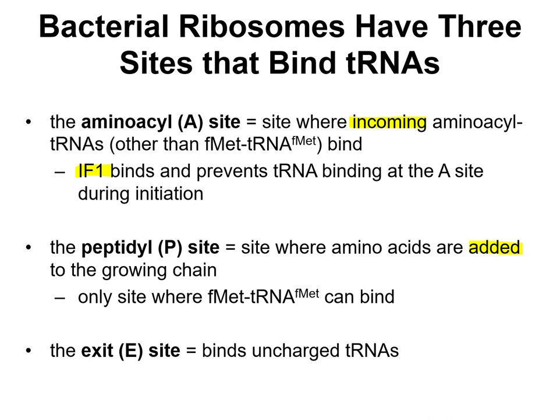So the P site is where you're adding on to it. This is the only site where the initial methionine tRNA can bind. The E site, or the exit site, binds the uncharged tRNAs, and that's kind of the last stop before they dissociate and leave the whole ribosomal complex.